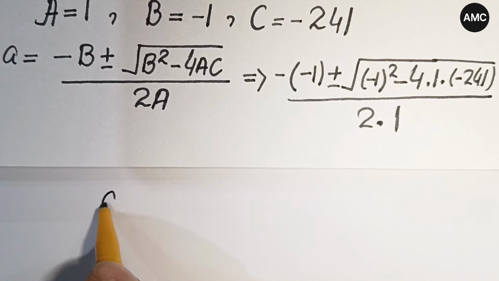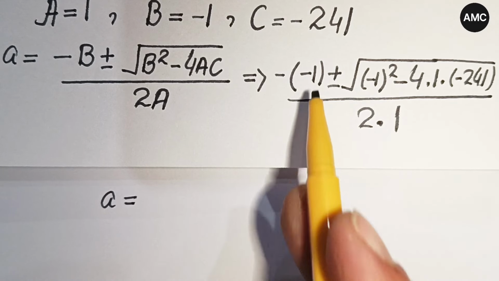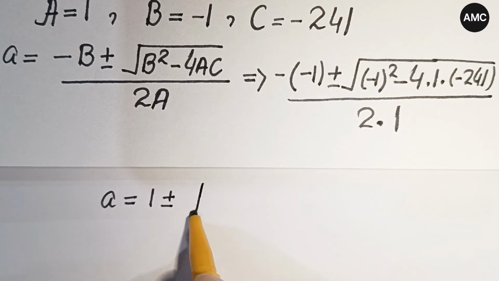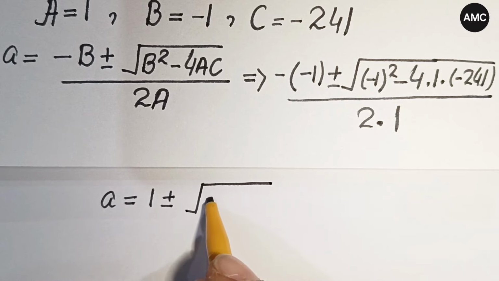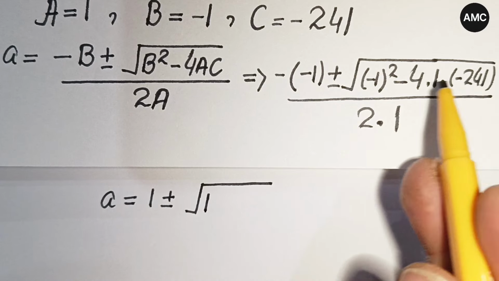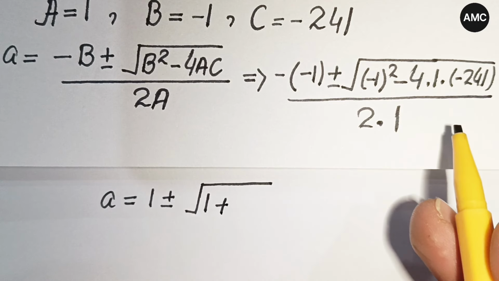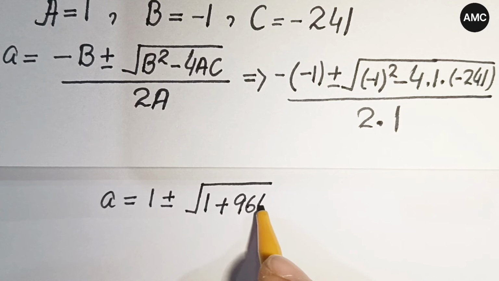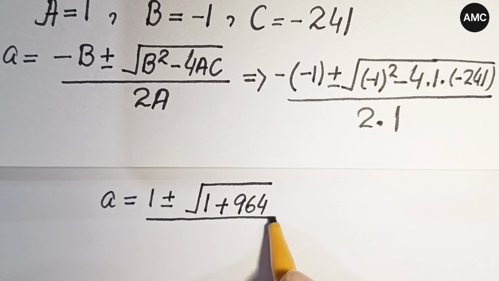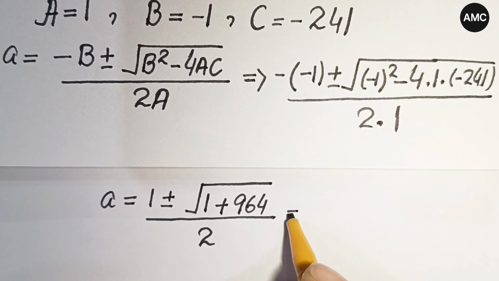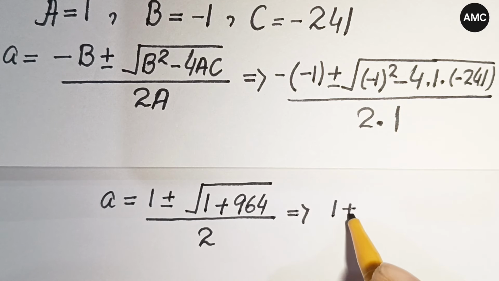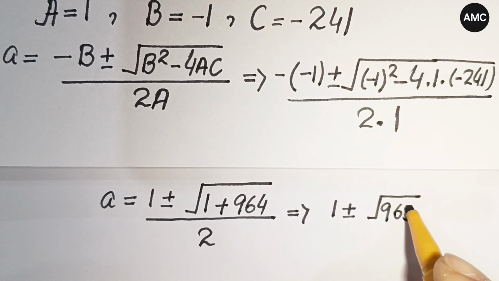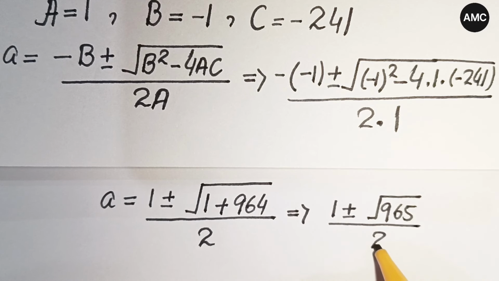Now a is equal to, minus times minus is plus 1, plus minus square root of minus 1 squared is plus 1, and minus times minus is plus 4 times 241, we will get 964, all over 2 times 1 is 2. Here we have 1 plus minus square root of 965 all over 2.